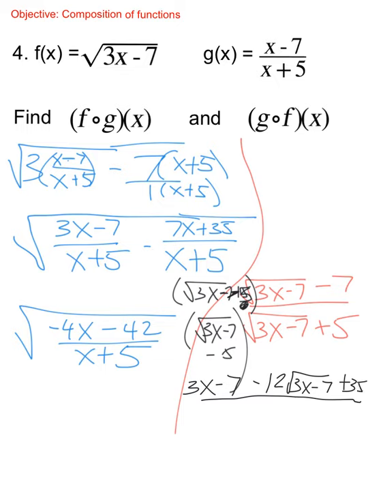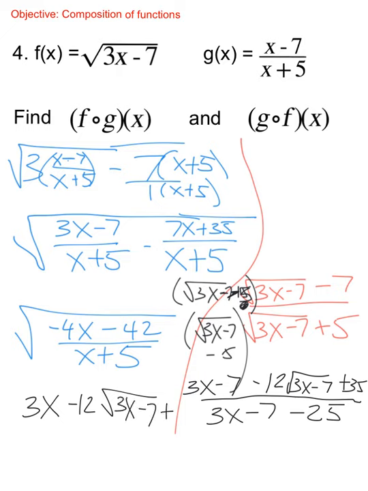So that's if we FOIL the top. And then we FOIL the bottom: 3x minus 7 minus 25. So let's simplify that. I get 3x minus 12 root 3x minus 7 plus 28, all over 3x minus 32.